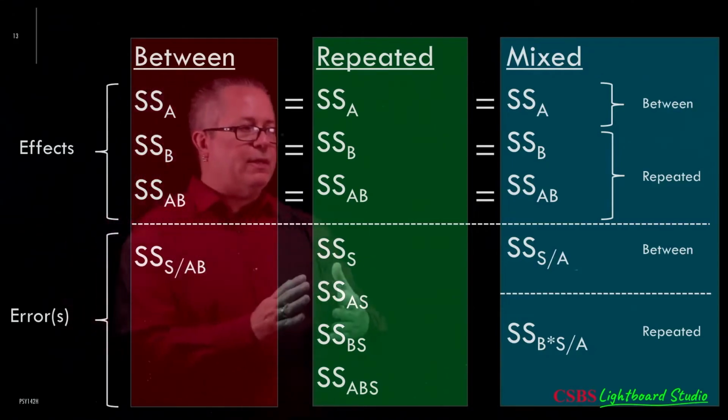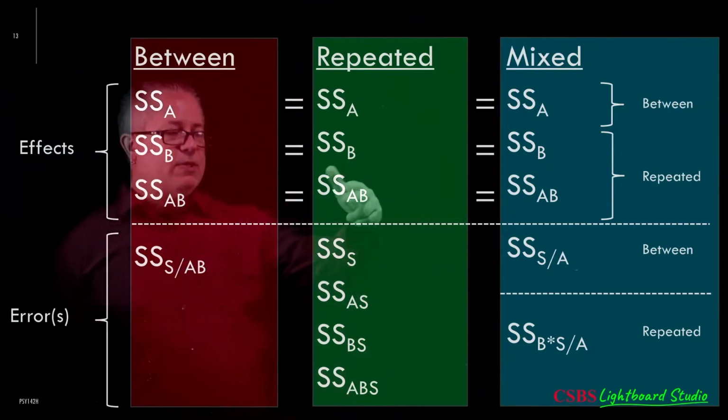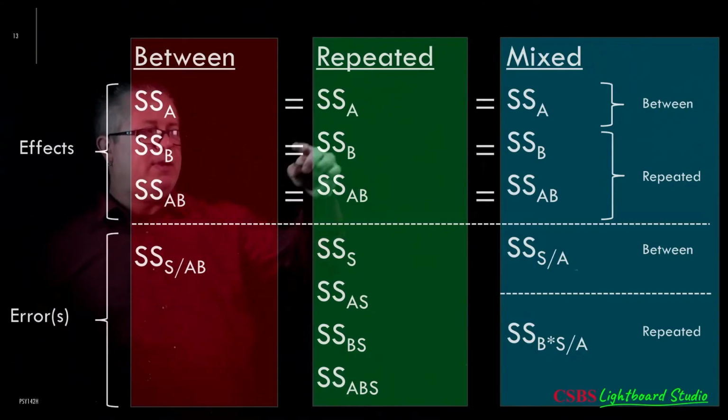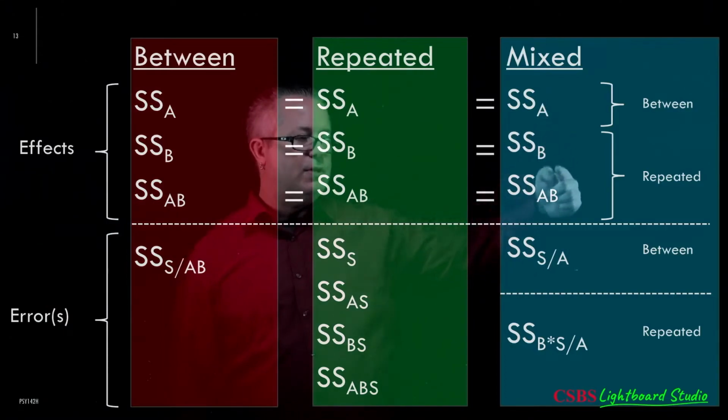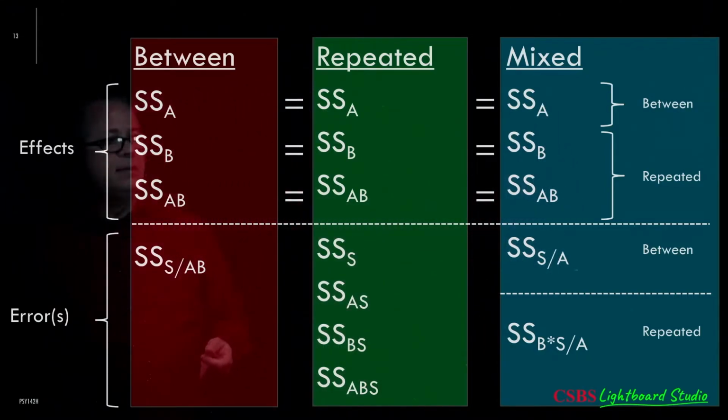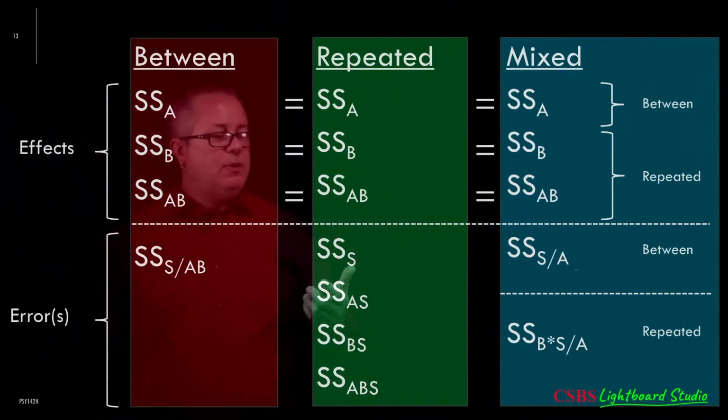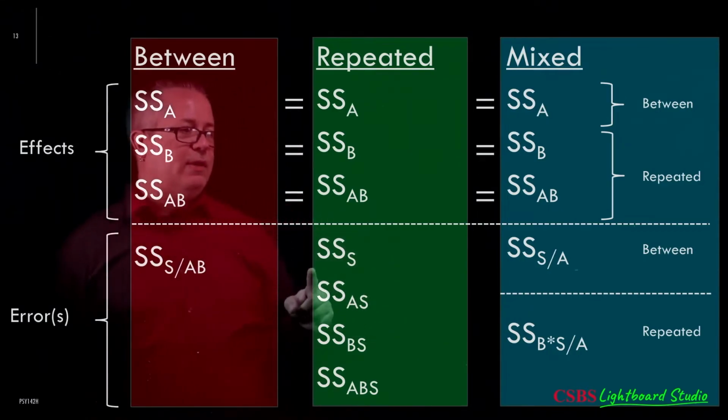We moved to repeated, and A, B, and AB were the same. We still found the effects for A, B, and AB exactly the same. That's the same thing for mixed. We're going to find those the same way. The only thing that was different was we found an additional error for subject and then looked at how each of those interacted with subjects.